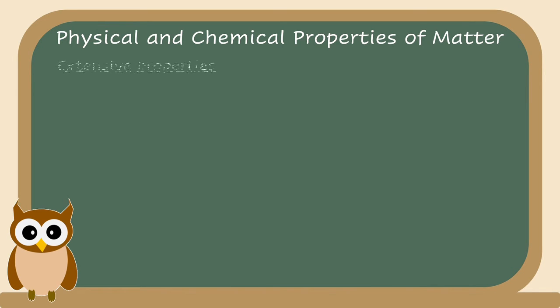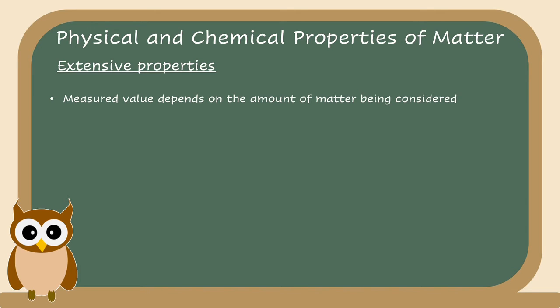Right. Let's look a little closer at some extensive properties. So remembering that the value obtained from a measurement depends on the amount of matter being considered, we can state that extensive properties are additive. Basically, when you add them together, the values will increase.